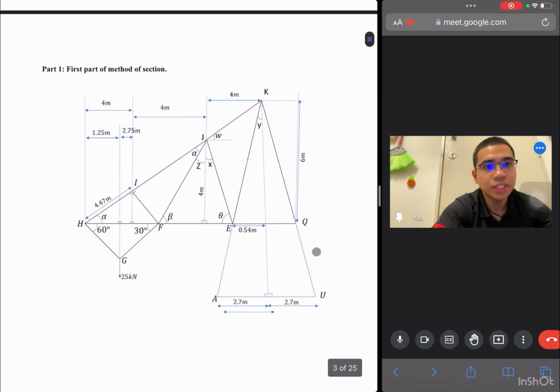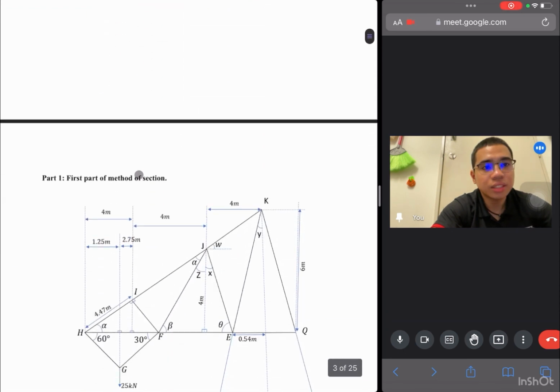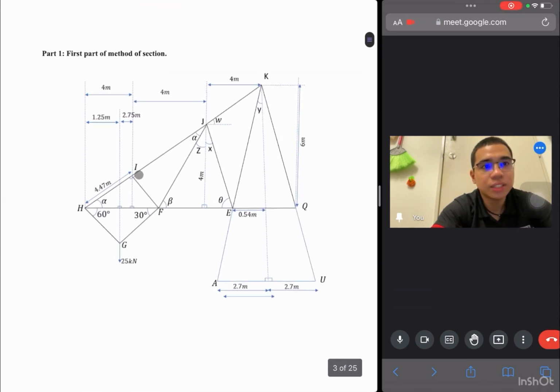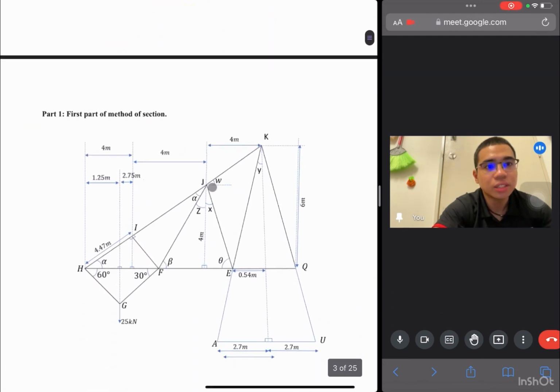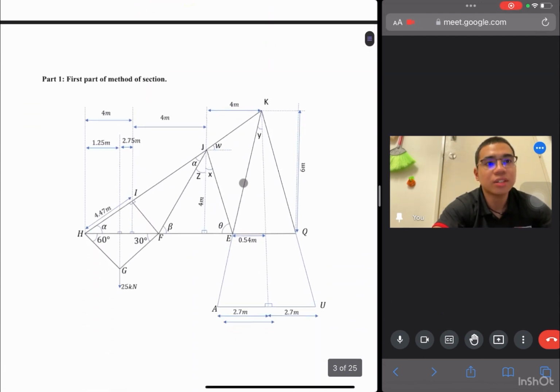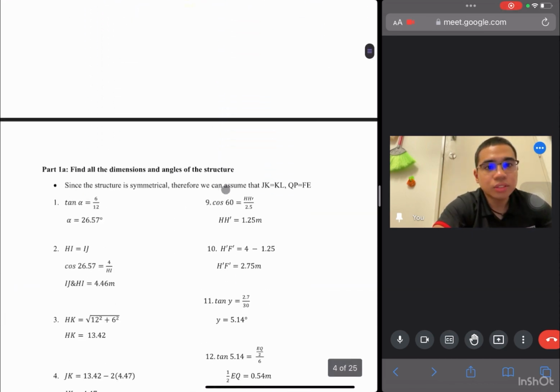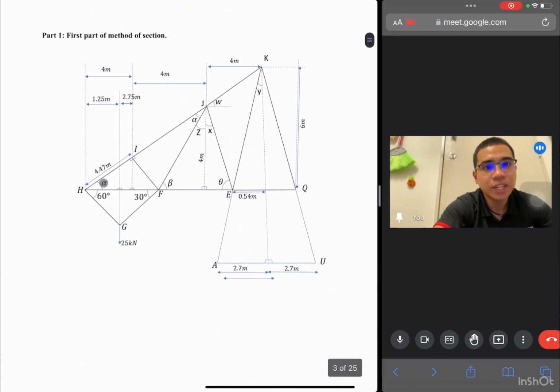This is not the free body diagram, just a simple diagram of the structure to find all the angles and dimensions. First, I will start with finding the angle alpha. Both sides of this are alpha.